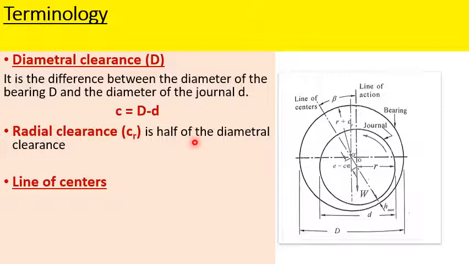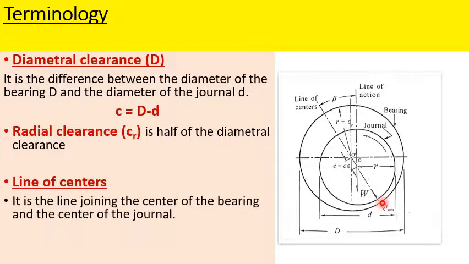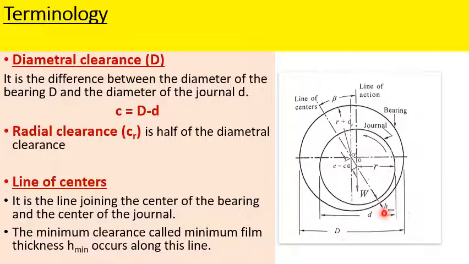Next, line of centers. So as I said earlier, this is the line joining the center of the bearing and the center of the journal, along which we measure this eccentricity. So this minimum thickness or minimum clearance, called minimum film thickness, which is indicated by H minimum or H naught, occurs along this line.